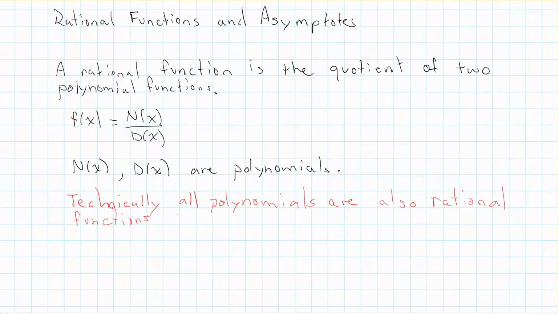In this case, d of x is just equal to 1. Now 1 is technically a polynomial. So polynomials are also rational functions.